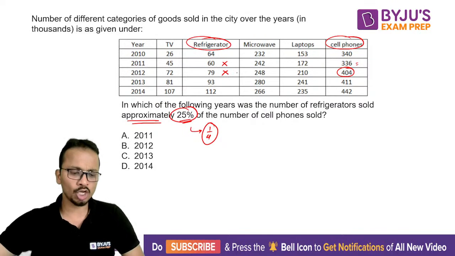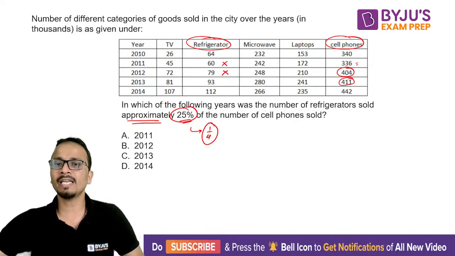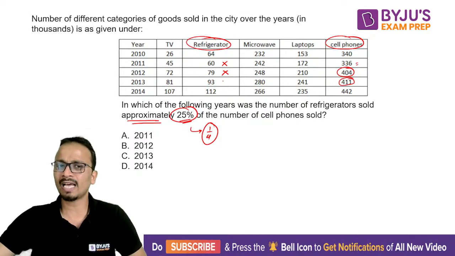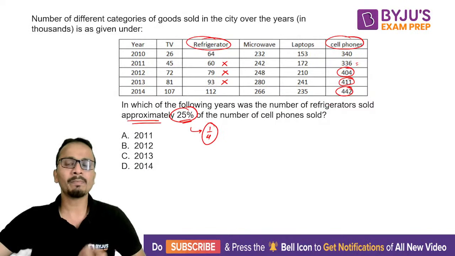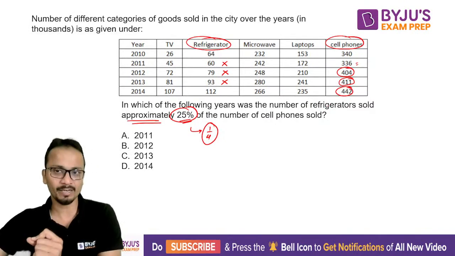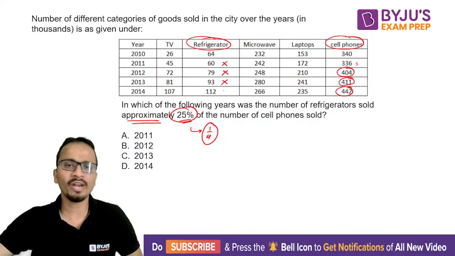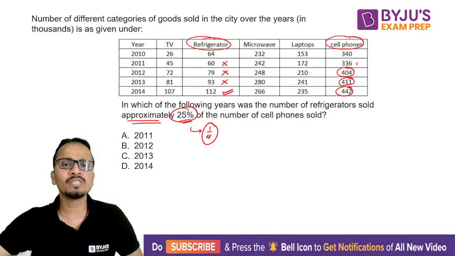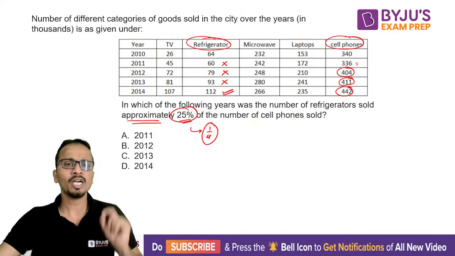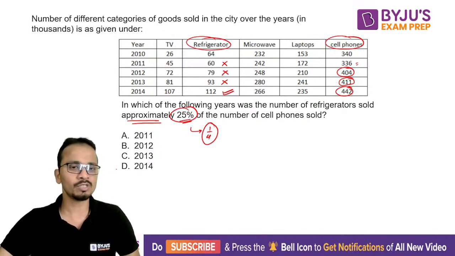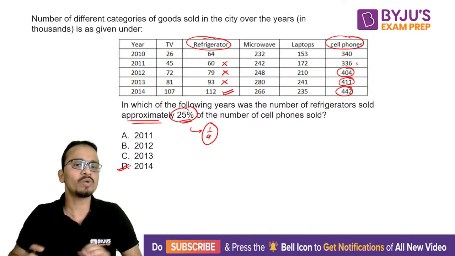Refrigerator is 79, not the answer. 411, again one fourth will be more than 100, not at all near that value. 442, its one fourth will be approximately 110, or precisely 110.5, and this value is very much near. So among the four options which are given, the year 2014 is the most suitable answer to mark.